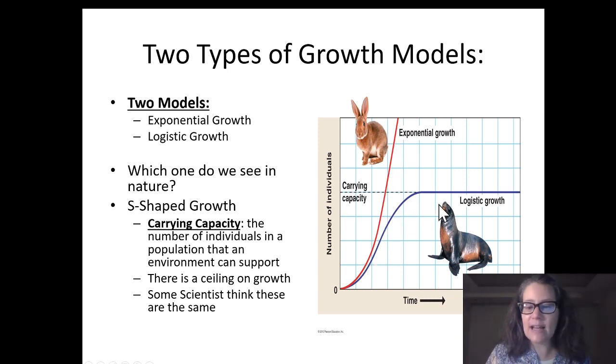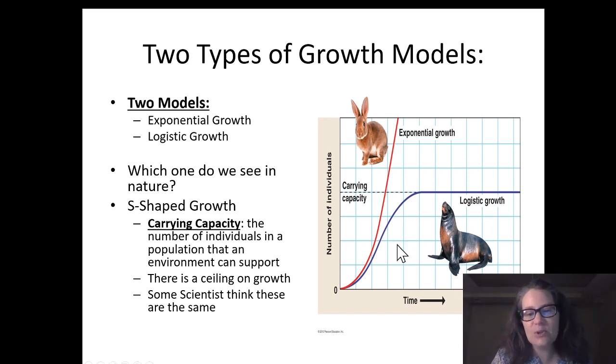Logistic growth is here in blue, and logistic growth is a kind of growth that is slowed eventually by something called the carrying capacity or limiting factors. And so as this population reaches the carrying capacity, then the growth will downturn and slow and flatten out. Carrying capacity is the number of individuals in a population that the environment can support.